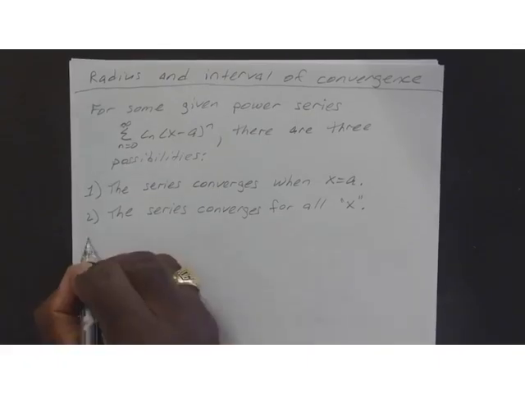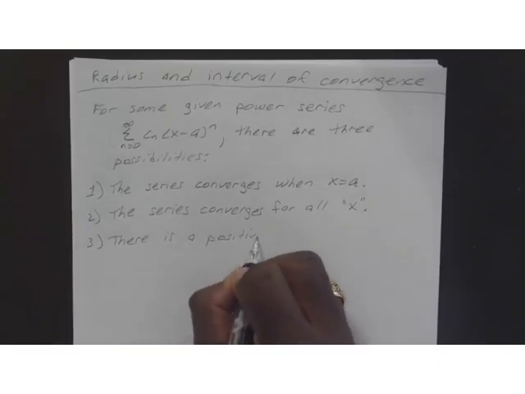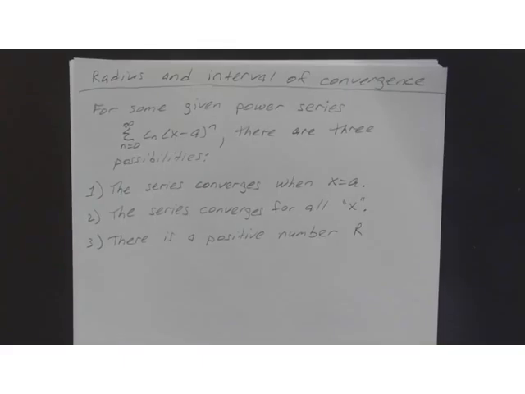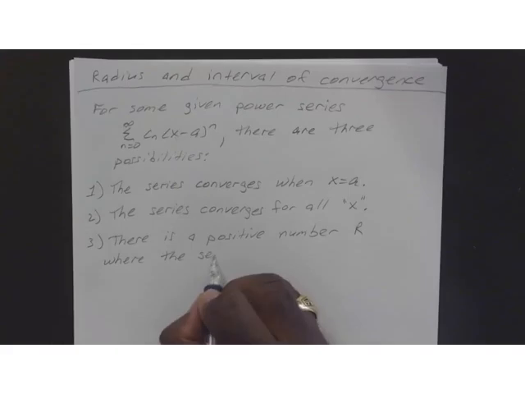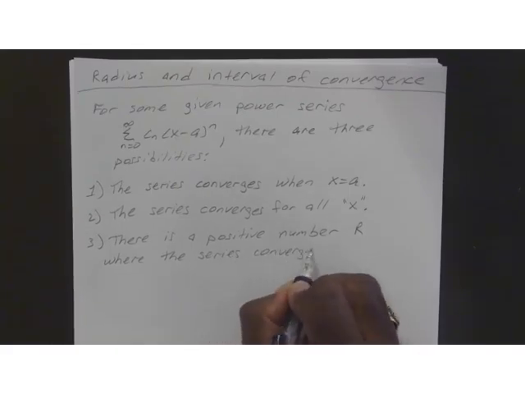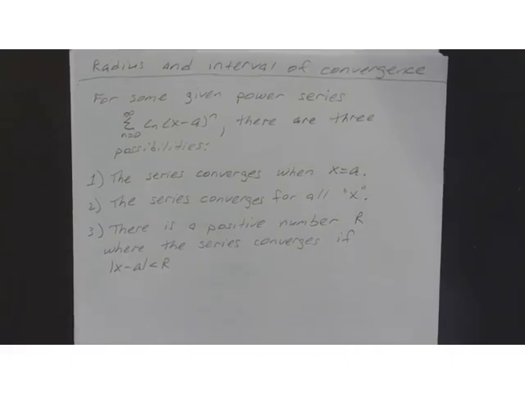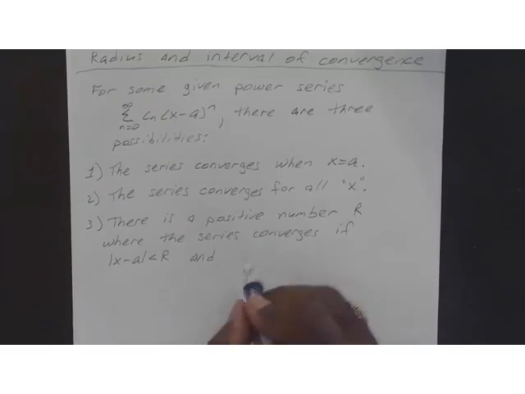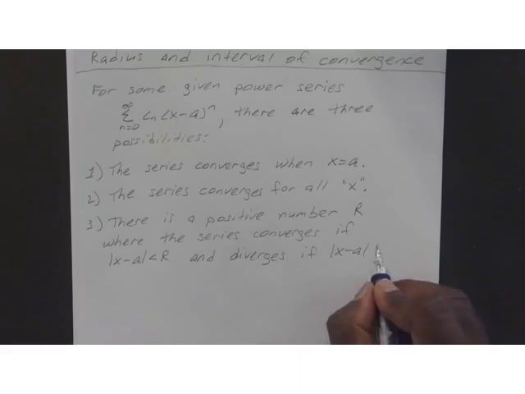And the third possibility is that there is a positive number that we will call R, where the series will only converge if the absolute value of x minus some number a is less than R. And it's divergent if the absolute value of x minus a is greater than R. And we kind of saw that with the last example.